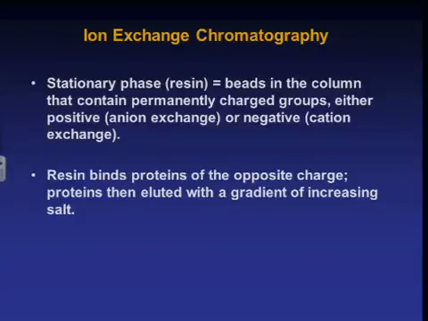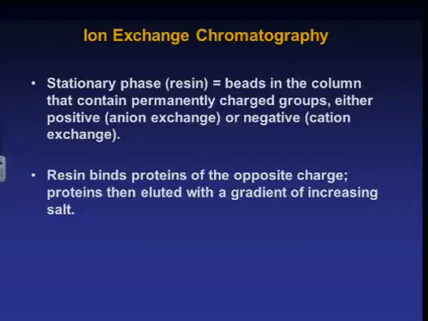So as we start to slowly raise it, all right, we've got a positively charged resin. That means proteins that have negative charge on their surface are bound to that, but they're going to be bound to various extents depending upon how much negative charge.